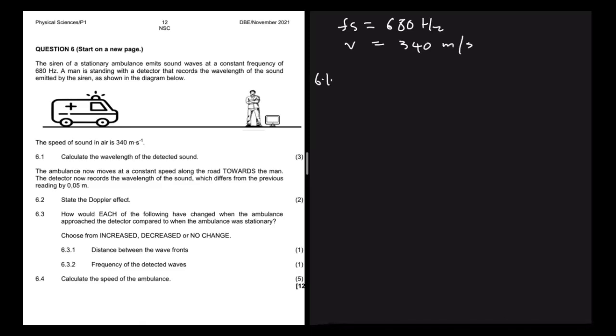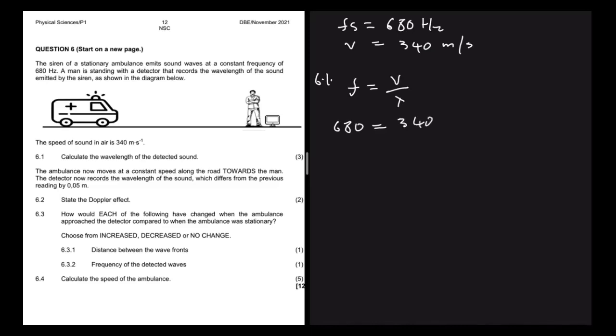And then 6.1 says calculate the wavelength of the detected sound. This is quite an easy one because we all know that the frequency is equal to the speed in the medium divided by the wavelength, right? We are given the frequency of the emitted sound, 680 hertz, and the speed of sound in air is 340 meters per second.